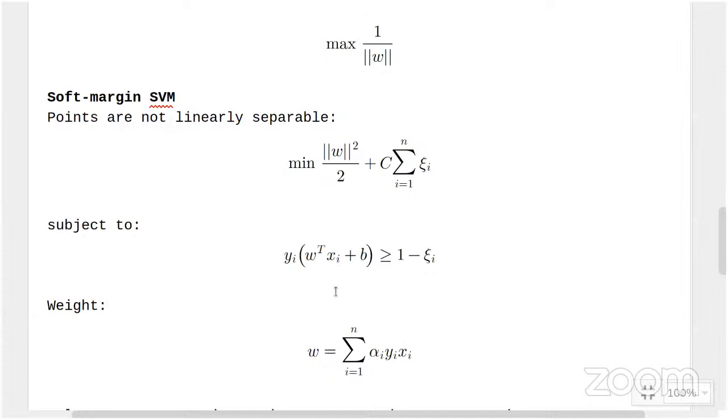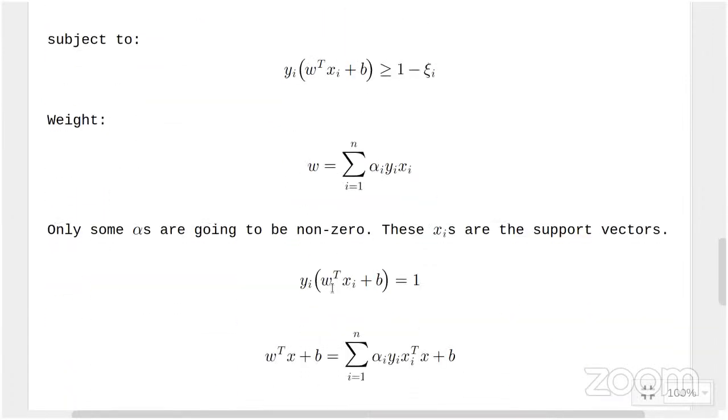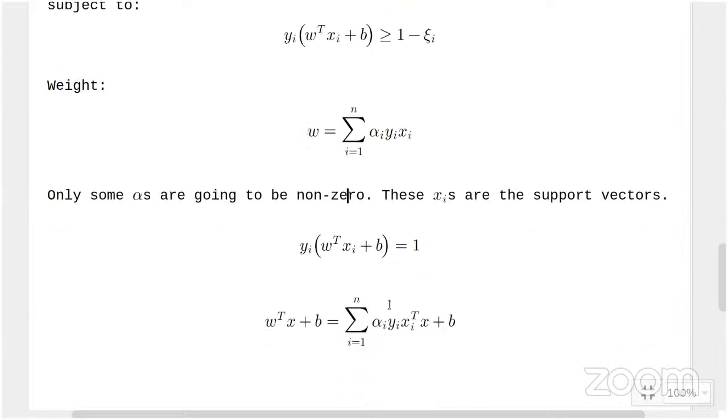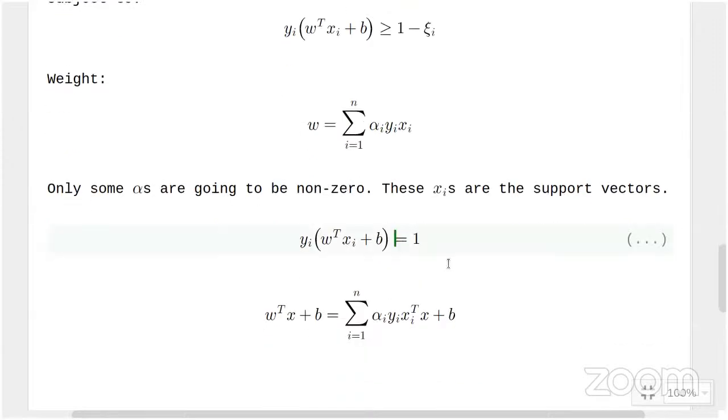Yes, sir. Okay, so this is the typical soft margin case, and here the weight will come out to be again the same thing. But a small difference is that support vectors are not just the points that belong to the bounding plane.